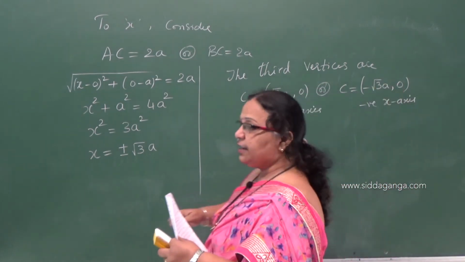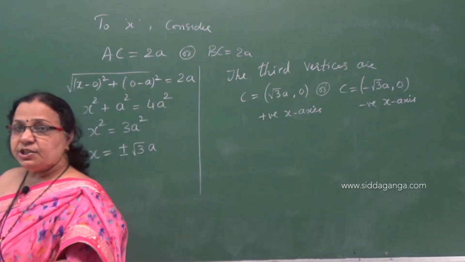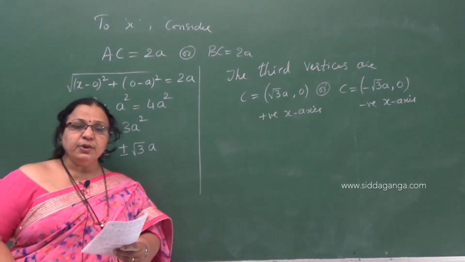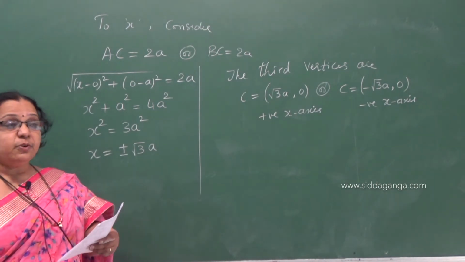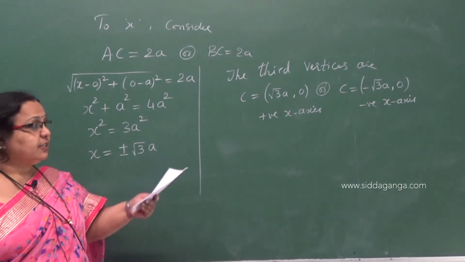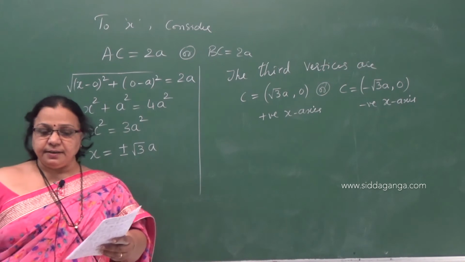So we can construct either on the positive or the negative x-axis, and we get 2 points here.